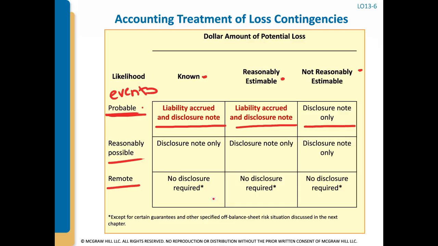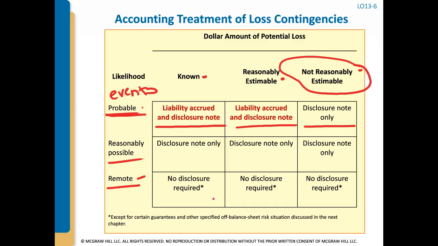And this is where pretty much all lawsuits fall, not reasonably estimable, because lawsuits usually can vary in such a wide range that you can't actually accrue a liability, but you can disclose a note about it.